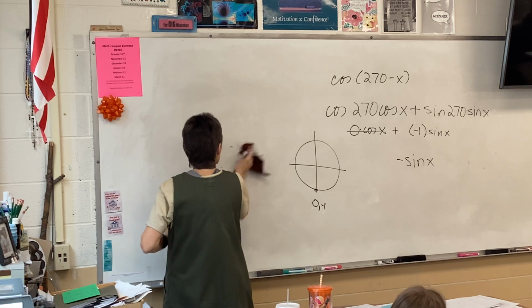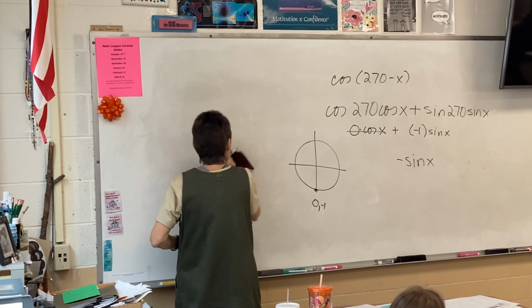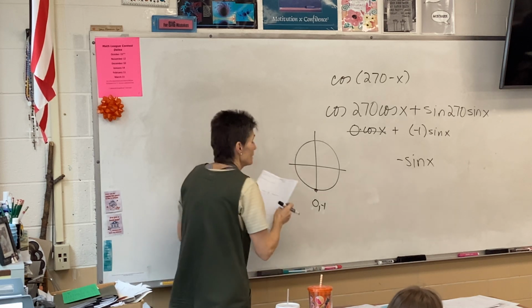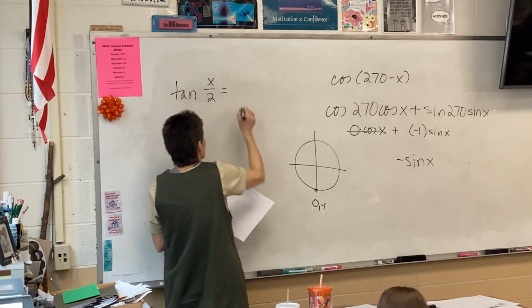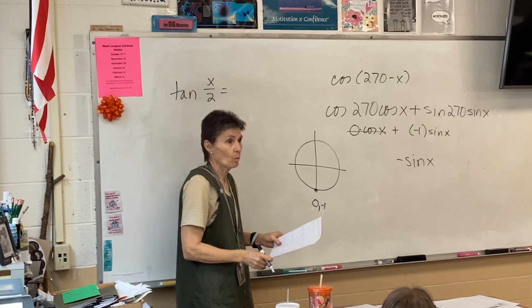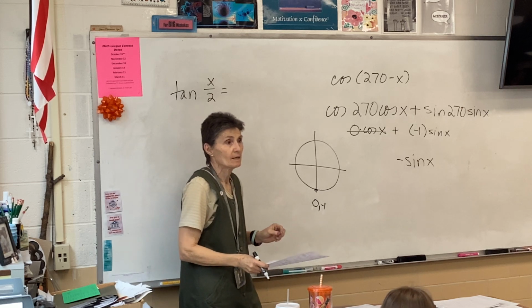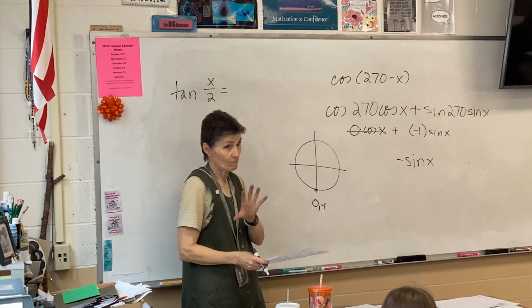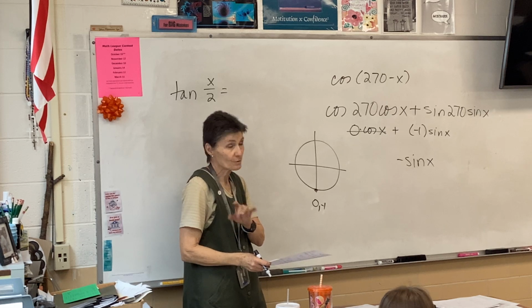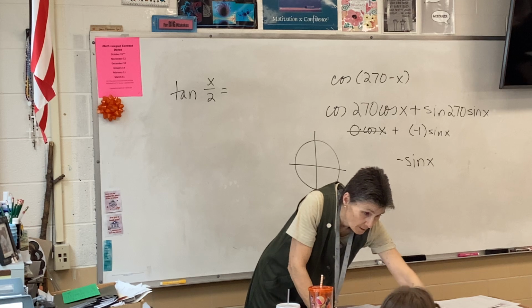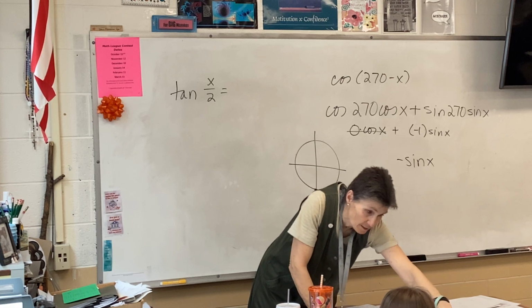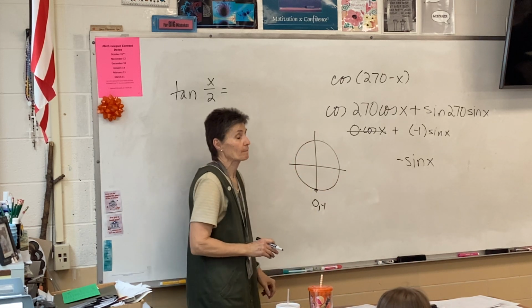Now I'm finding the tangent of x over 2. This is another one on your sheet that has different versions. Do you see that? On your sheet, there are different versions for the tangent.